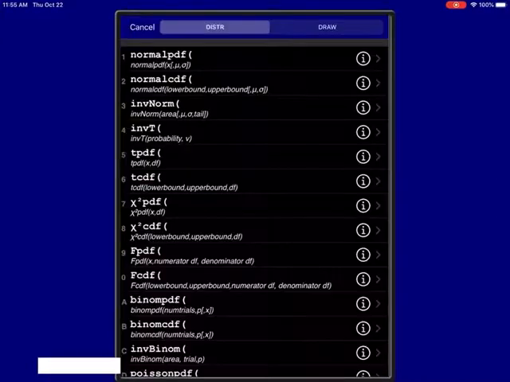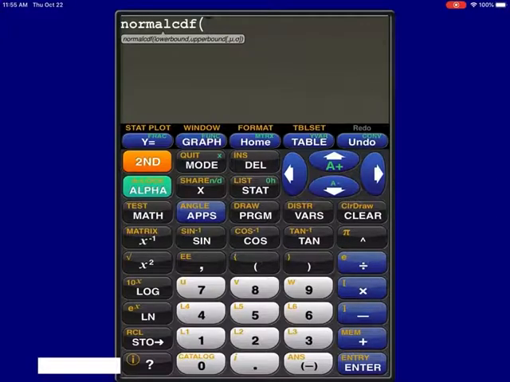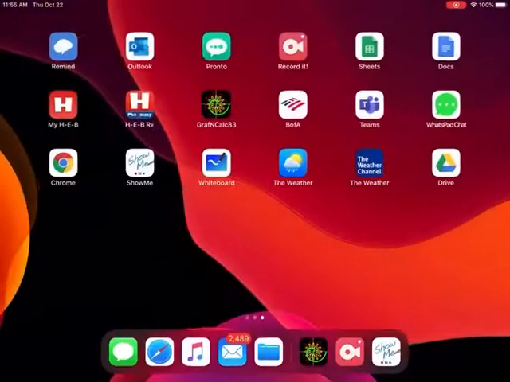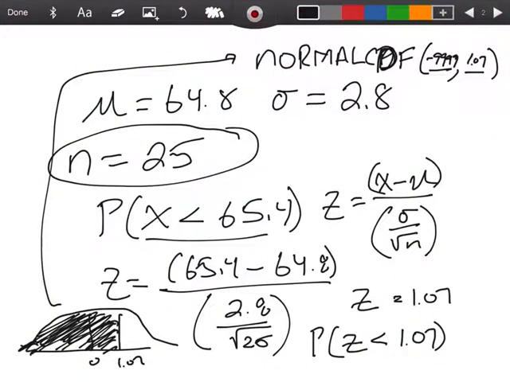So we're going to go second bars. We're going to do our normal CDF, negative 9999, comma, 1.07. Close this off. This probability is going to be greater than the one we did before. And if you notice, it's 0.8577 to 4 decimal places. So 0.8577 is my answer here.